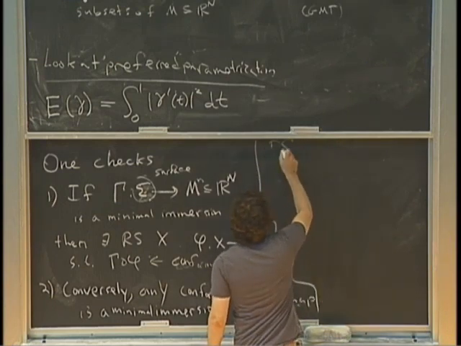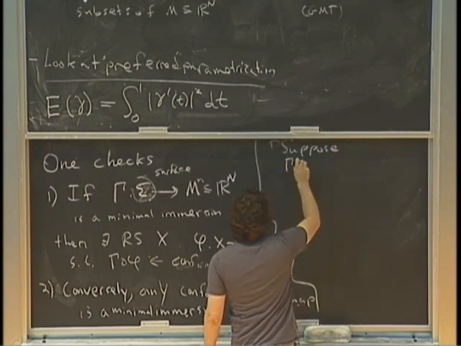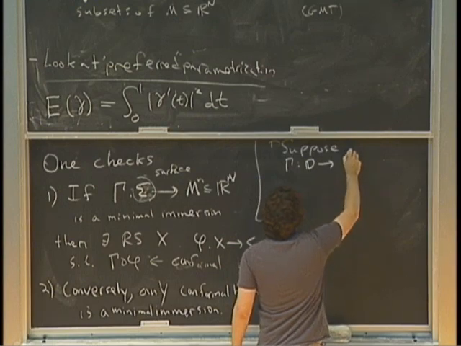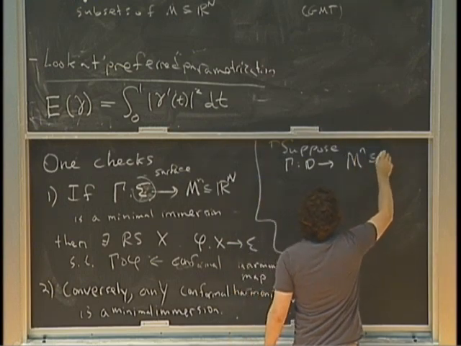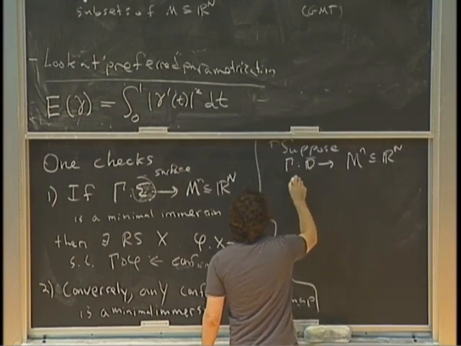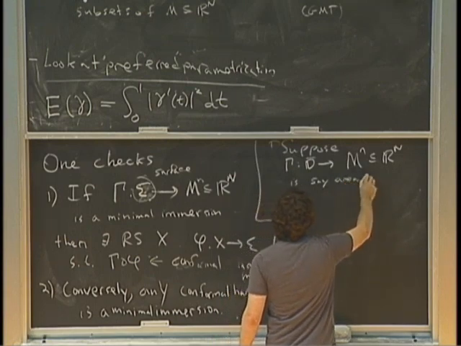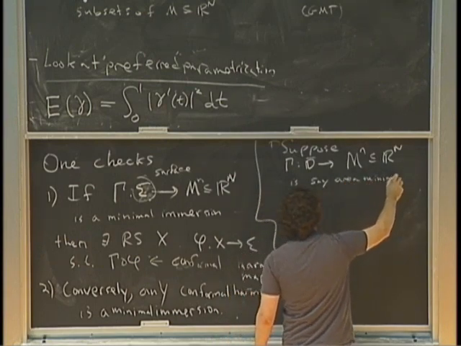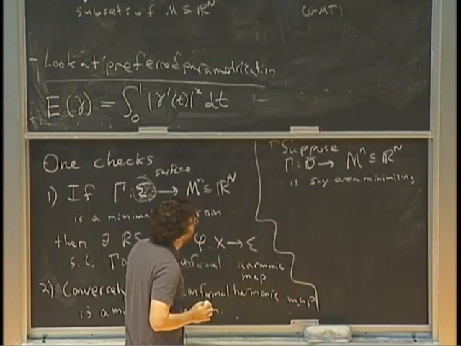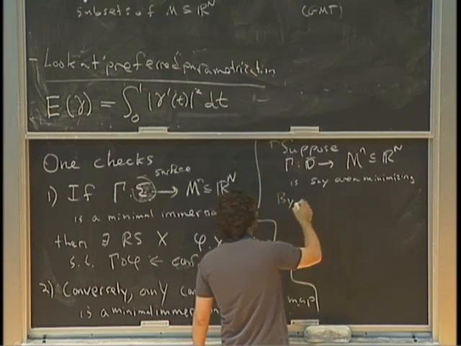So suppose gamma takes the disk to R^n, and is say area minimizing. There's a little bit of a subtle point here, but I'll gloss over it.